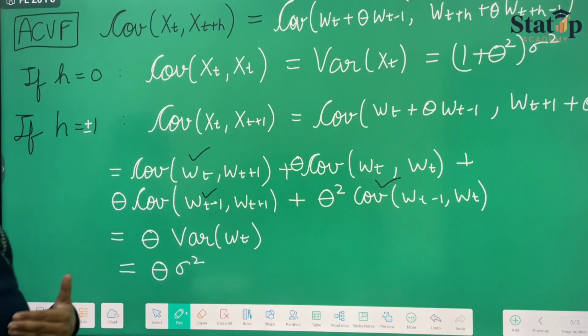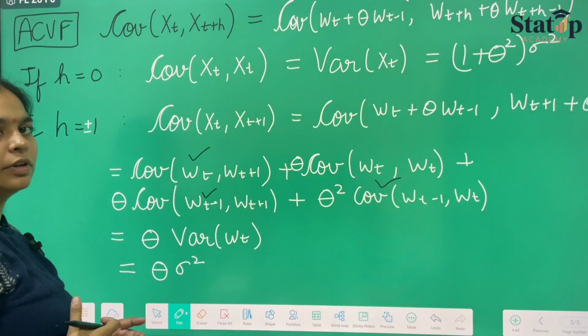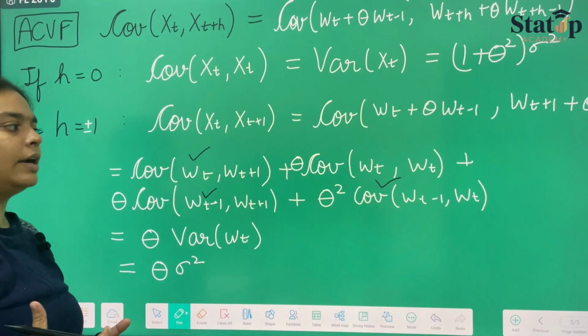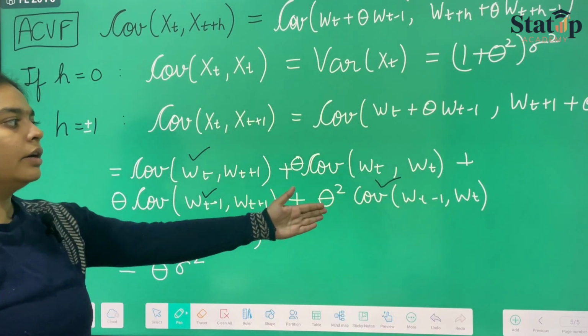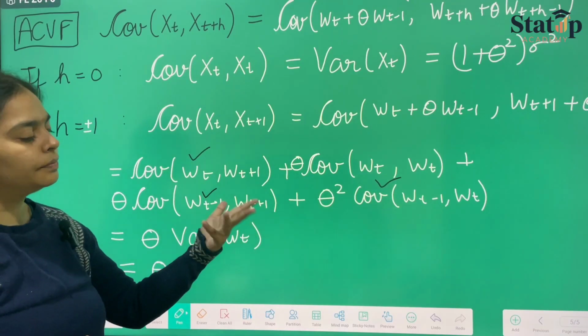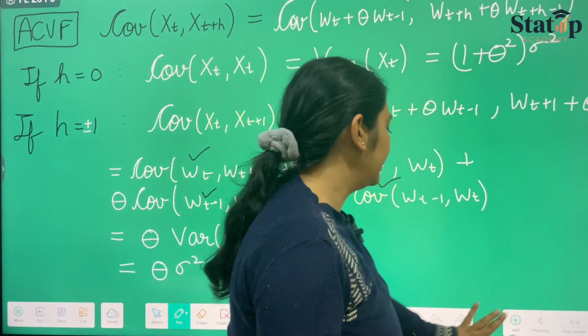For all the values of h more than 2, it would be 0 because there would be no common thing. Here wt is coming common. Okay, let us do it.